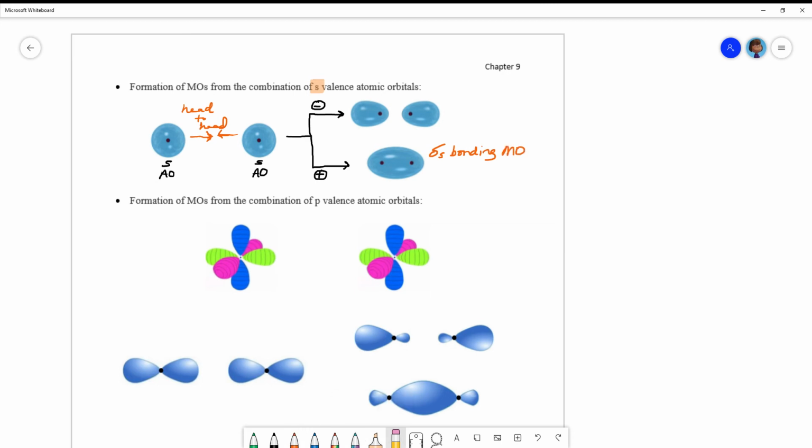Meanwhile, the orbital that we obtain from the destructive combination of those two s orbitals is an antibonding molecular orbital, and it is a sigma star. Let's remember we use this asterisk if it's an antibonding orbital. So it's a sigma s star antibonding molecular orbital.